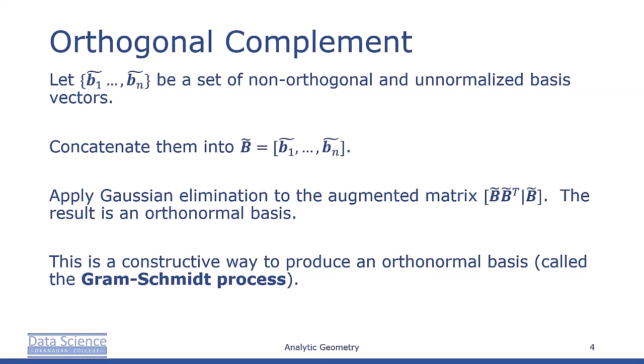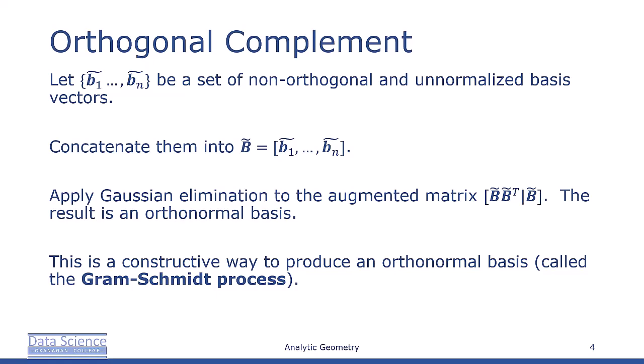Let's recall that we can use Gauss elimination to find a basis for a vector space spanned by a set of vectors. Let's assume that we're given a set B1 tilde through Bn tilde of non-orthogonal and unnormalized basis vectors. We can concatenate them into a matrix capital B tilde consisting of each of the B vectors as columns of the matrix.